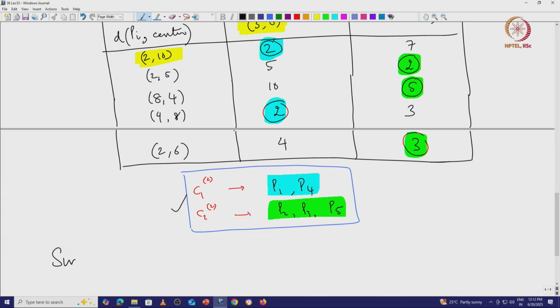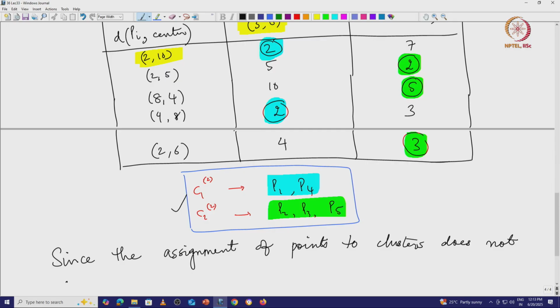So since the assignment of points to clusters does not change after the second iteration, right, we stop the clustering algorithm here.